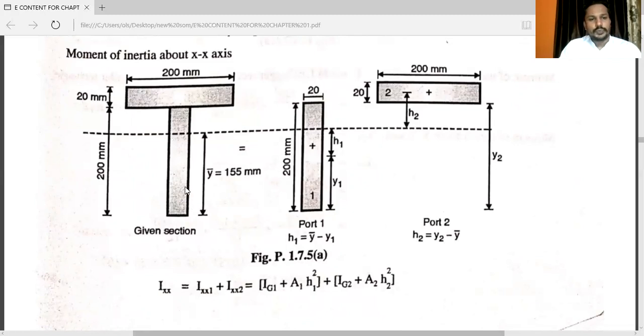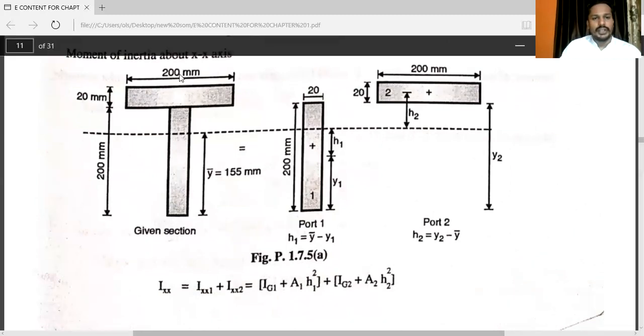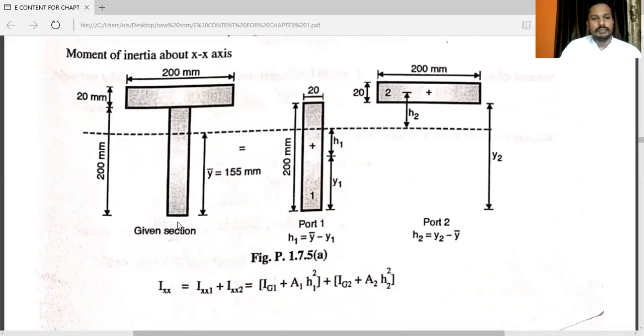See, in this diagram, we have to take the x-axis, that is the baseline is the x-axis. And the y-axis, you can consider the y-axis in the center of this diagram, because the diagram is symmetrical about the y-axis, or you can see the diagram is symmetrical about the vertical center line of this diagram.